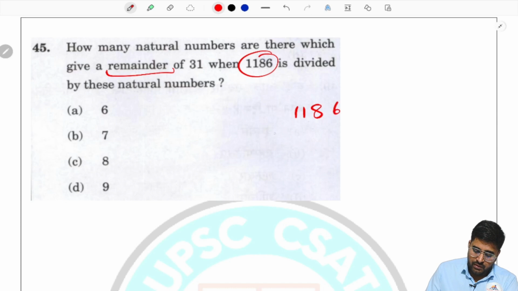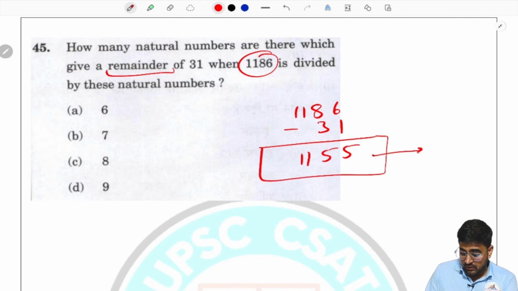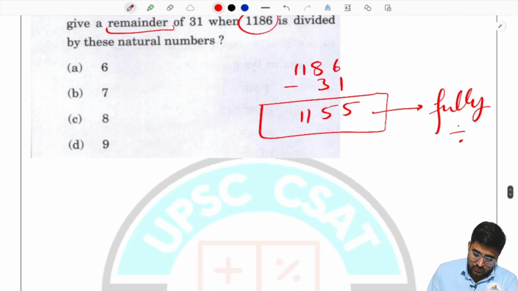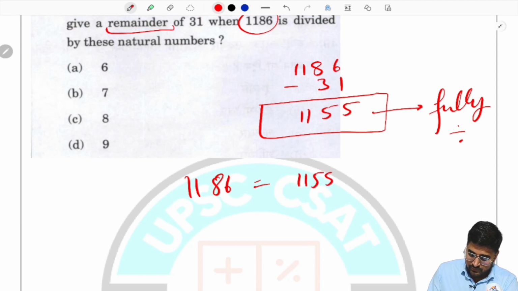If we subtract 31 from this number, then the number is fully divisible by the numbers they are asking about. So can we write 1186 as 1155 plus 31 by the number they wanted?